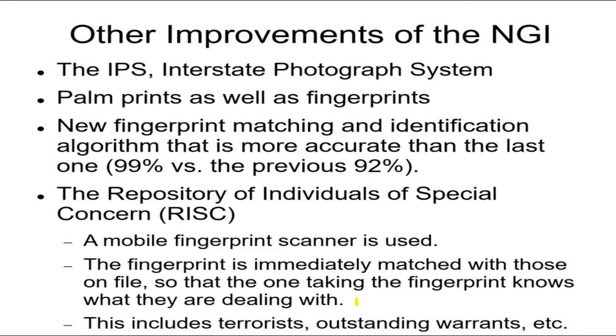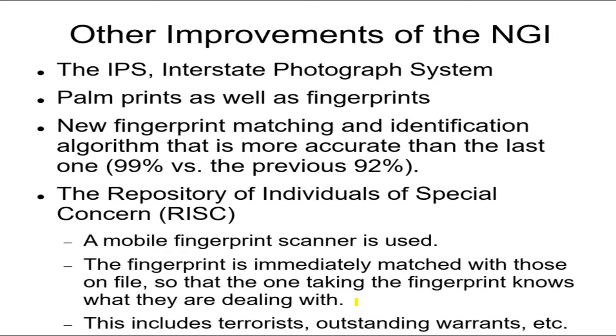So this can be done for terrorists or anyone with outstanding warrants. Get a fingerprint of the suspect, or someone who might have an outstanding warrant, whatever it might be. Get their fingerprint compared to whatever's in the database, so we'll know who we're dealing with.